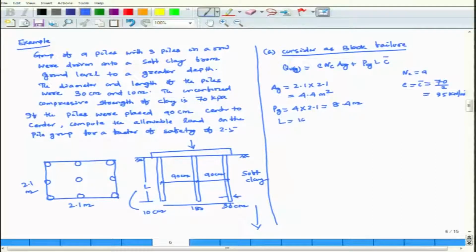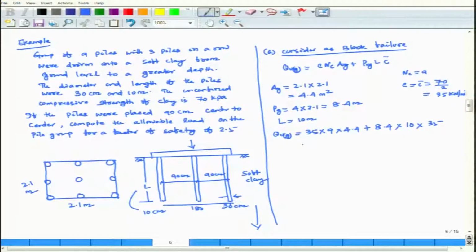Length is given as 10 meter. So, QUG is equal to 35 into 9 into 4.4 plus PG, which is 8.4 into 10 into 35.